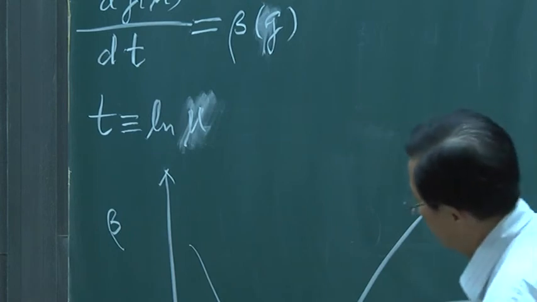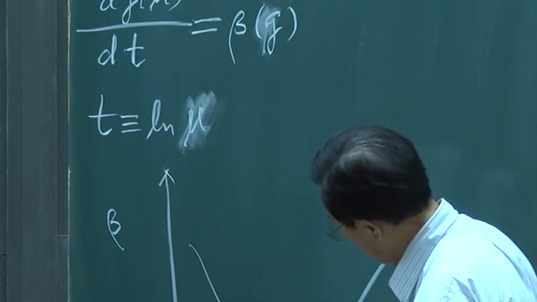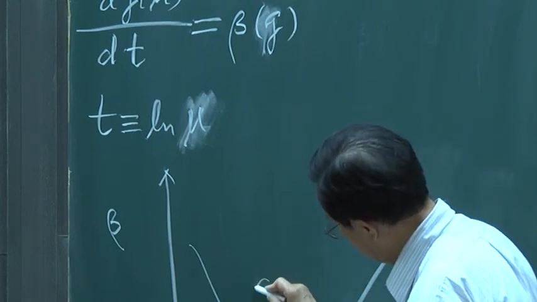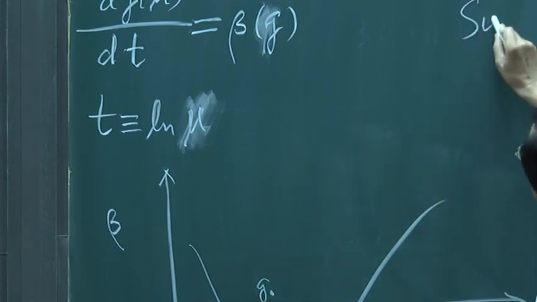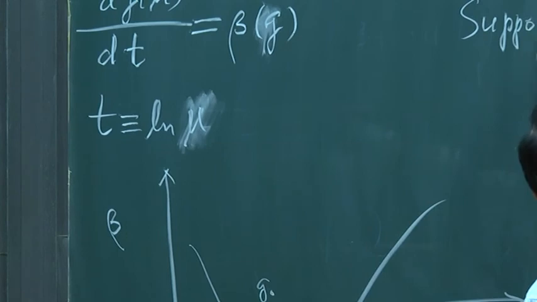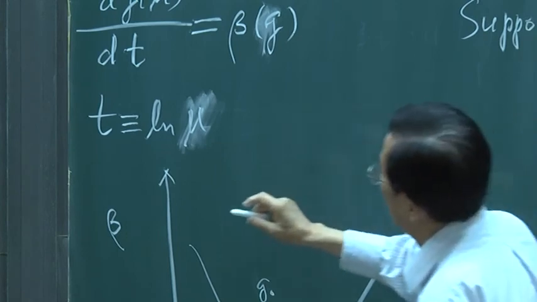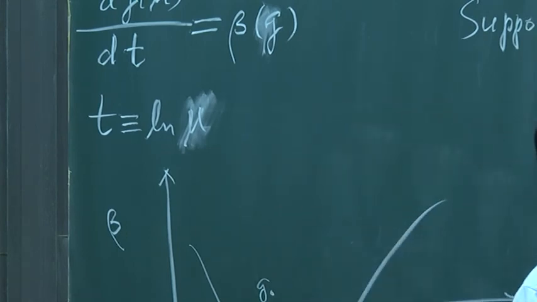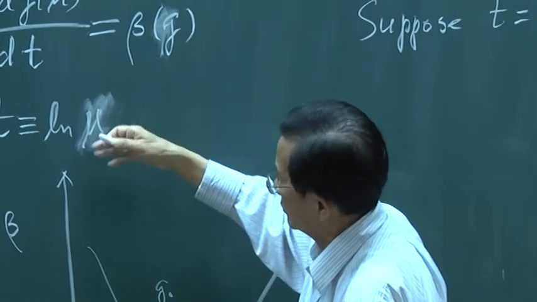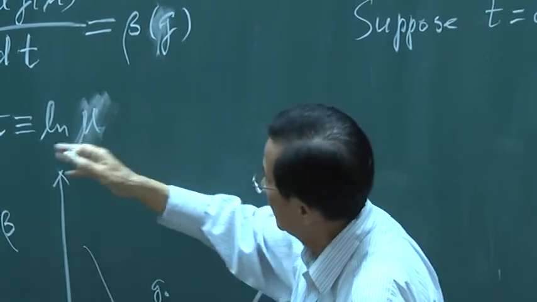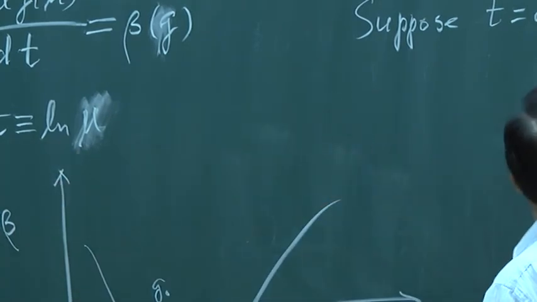Now imagine that you start with the value here, this is called G0. So suppose t equal to 0. t equal to 0 means mu is equal to some scale you are looking at, the starting point.